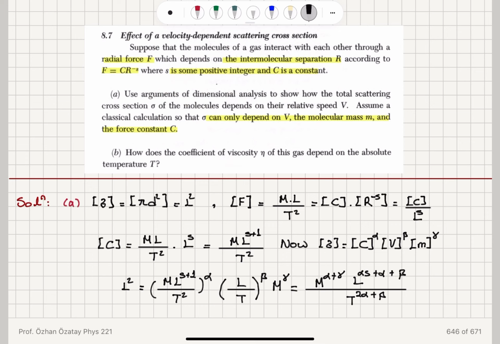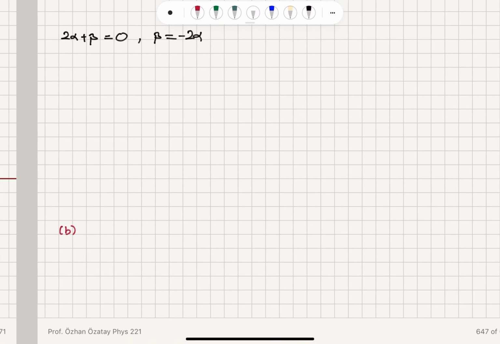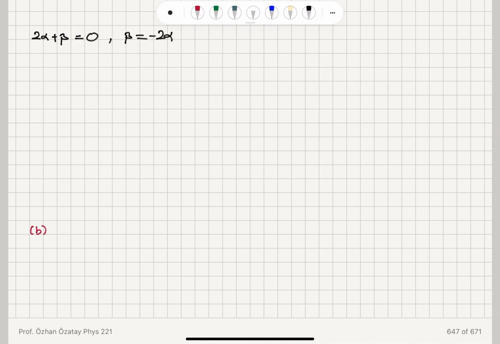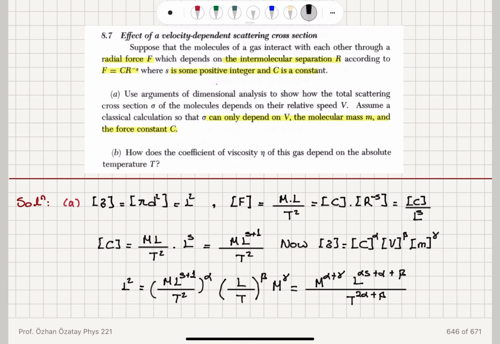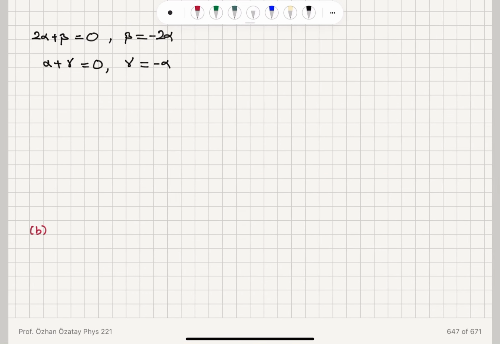And then for alpha plus gamma, there is no m dependence here, so alpha plus gamma should be 0 as well. So we find gamma is equal to minus alpha. And for the power of L, alpha s plus alpha plus beta should be equal to 2.